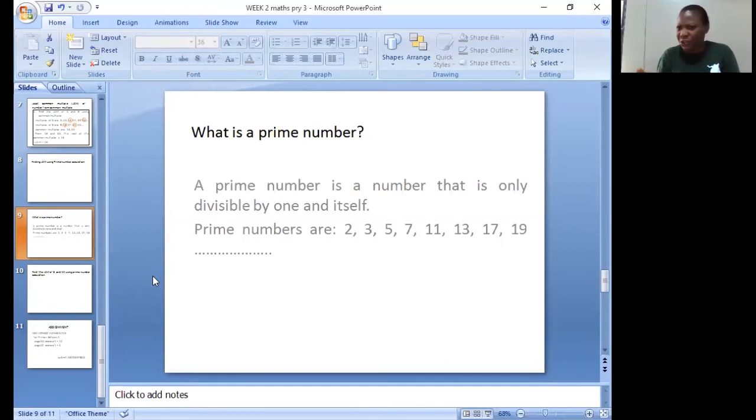Do you know what division means? Good. Division means to share. You have 4 fingers. Share it between 2 people, giving them 2 each. I'm using fingers because that's what is at my disposal at the moment. We have 4 fingers. Share it to 2 people, giving them 2 each.